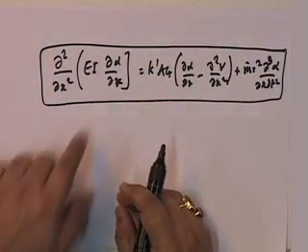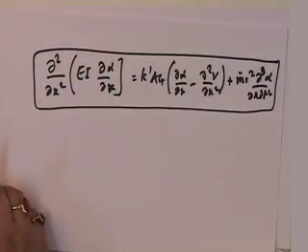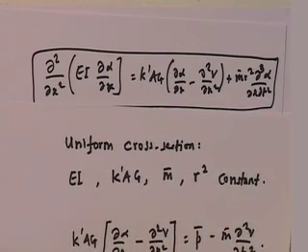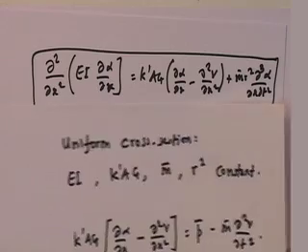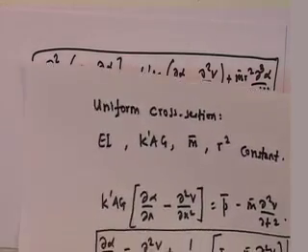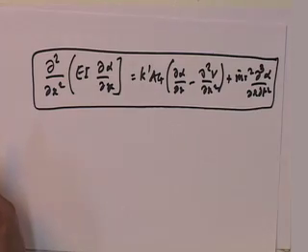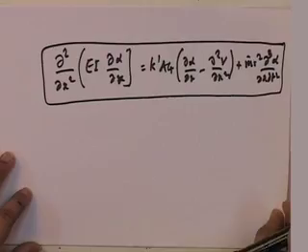Now, in this particular case, you substitute the fact that dα/dx is given by this term. If you substitute this into this equation, what you ultimately get is the following.